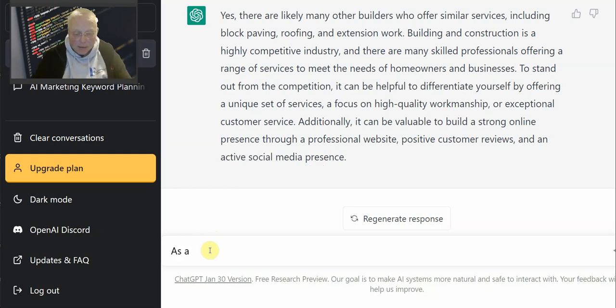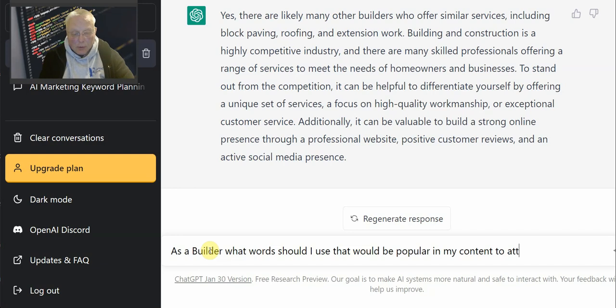As a builder, what keywords, what words should I use that would be popular in my content to attract interest?